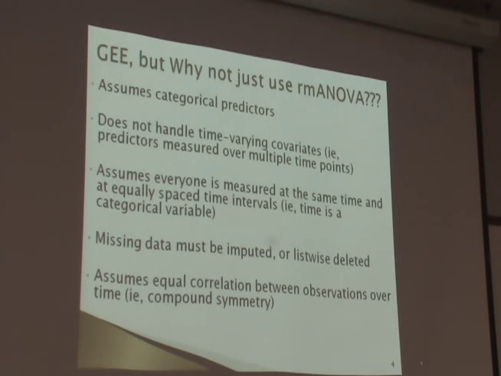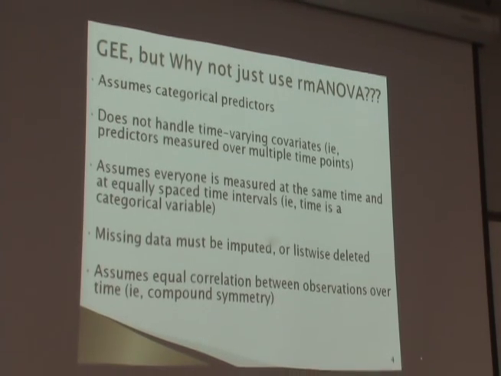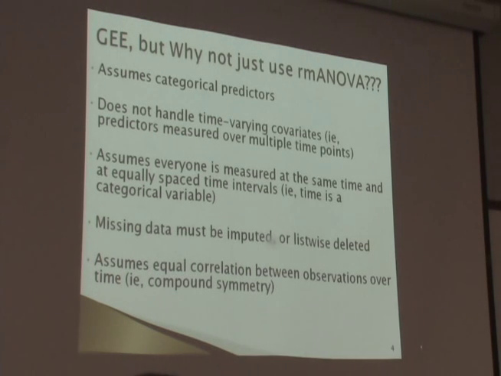So that's what's called a compound symmetric correlation structure. And that can be fine. But the advantage of GEE is that you can be just a little bit more sensitive in how you assume the relationships between adjacent observations are.